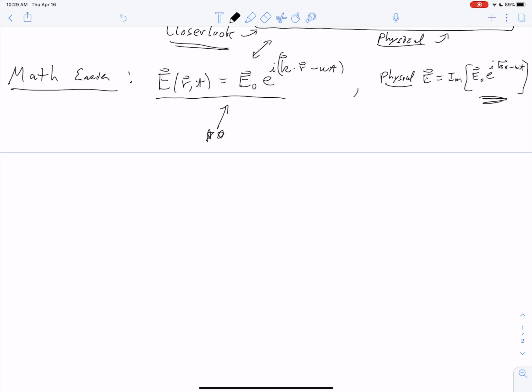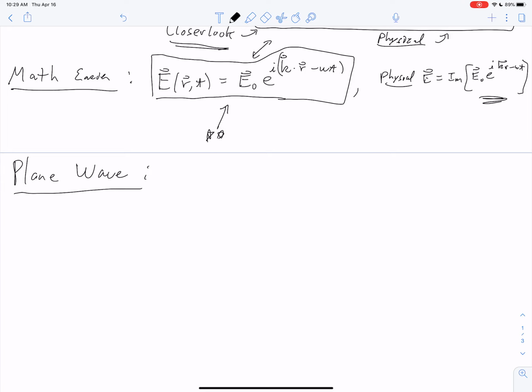Okay, so let's assume that this is my electromagnetic wave. It's this type of wave, and what do we call this? We call it a plane wave. And why is it a plane wave?